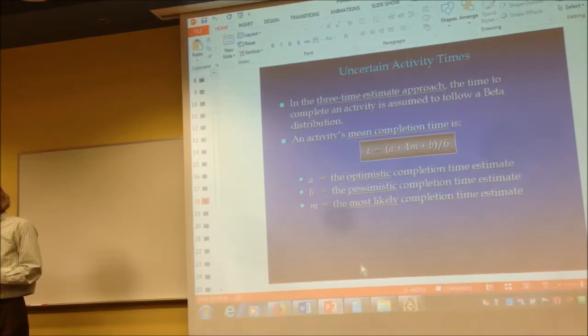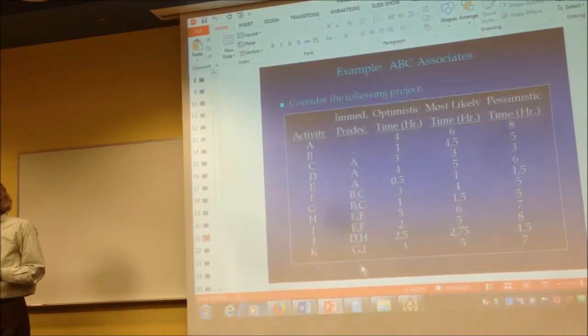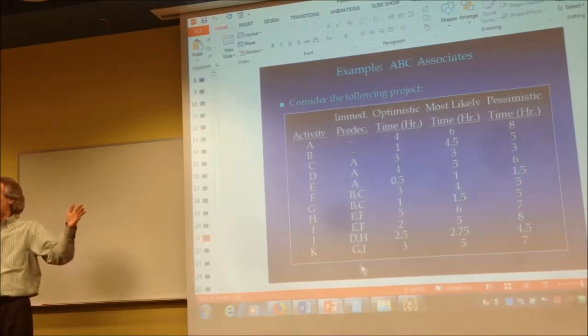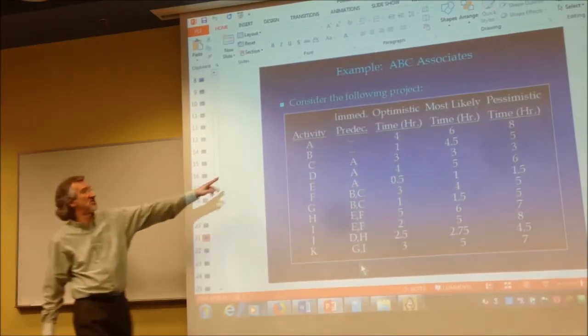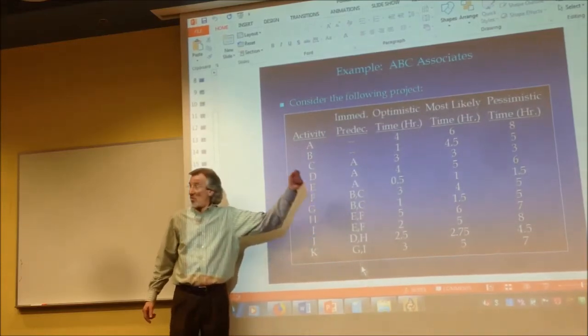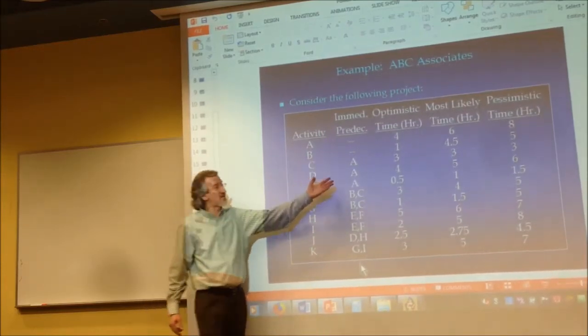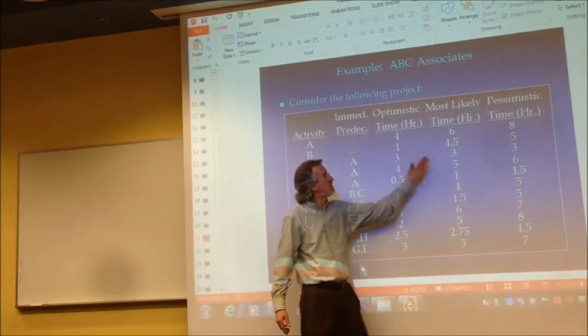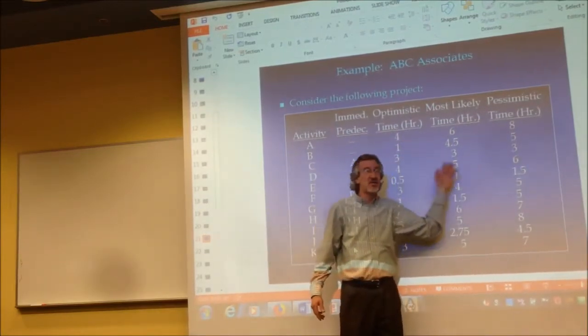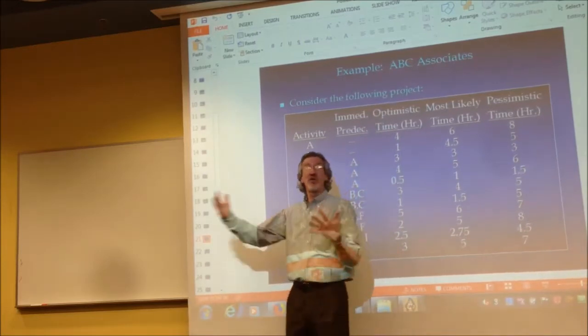Now don't assume that the most likely time is going to be right in the middle between the longest time it could take and the shortest time it could take. That's not always the case, as you can see in activity B. What's nice about this is that we can utilize the longest and shortest times to see how much activities vary.